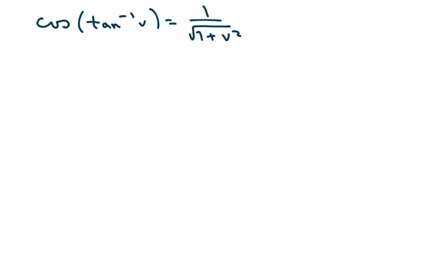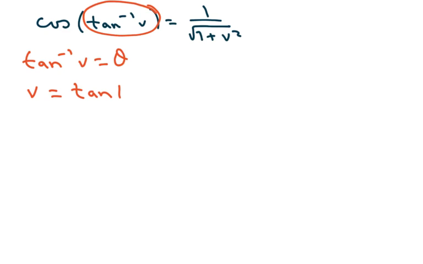It's getting easier yet. Okay, so I'm going to let this be my angle. So I have tan, that's my theta. So v equals tan of theta, where my restrictions are between negative pi over 2 and pi over 2, exclusive of these.